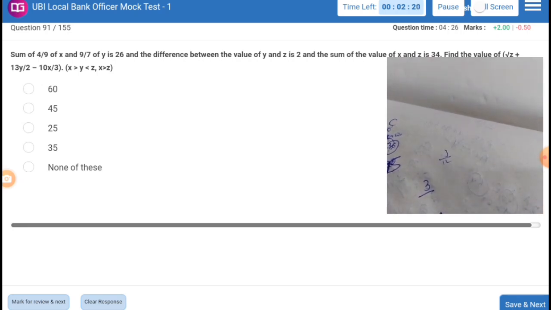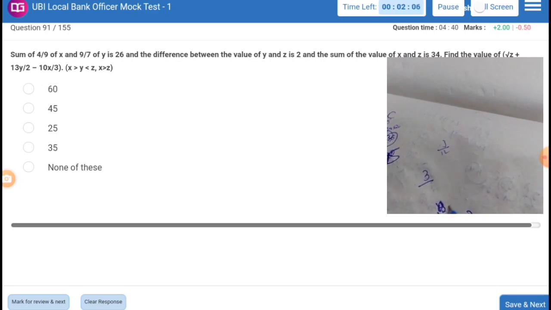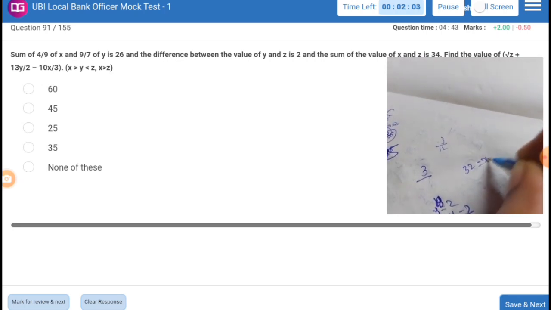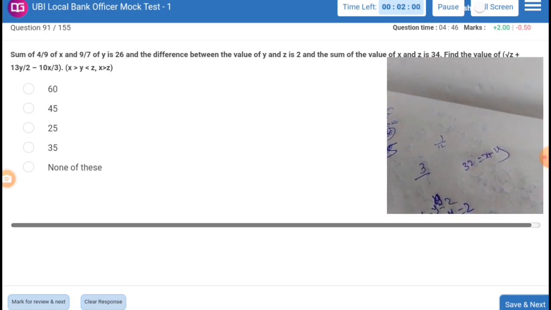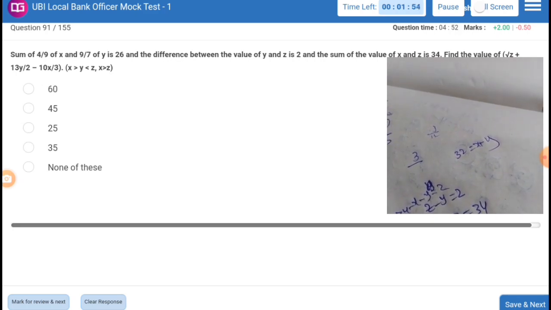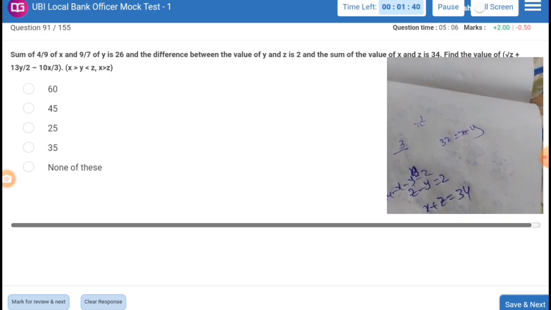So z minus y is 2, x plus z is 34. 26 is 63. 34 minus x minus y is 2. So 32 is x plus y. 32 minus y is 81y. Not 6 into 7, 14.